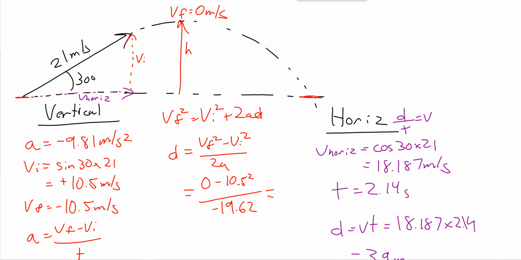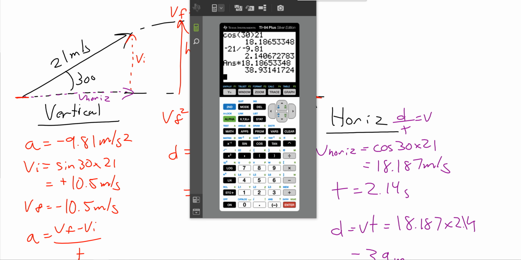That's 2 times 9.81. So 0 minus 10.5 squared is that, divided by negative 19.62. So the maximum height is going to be 5.6 meters.